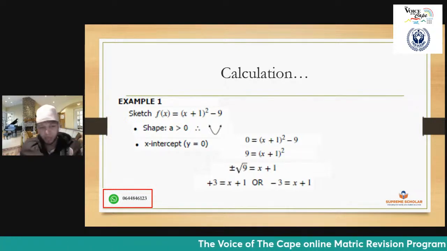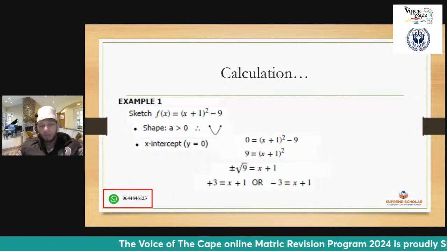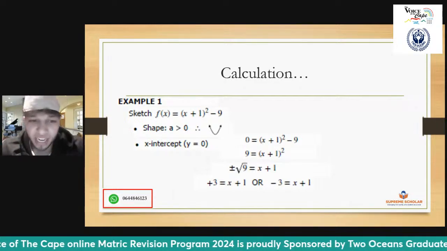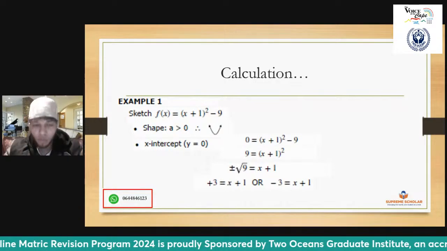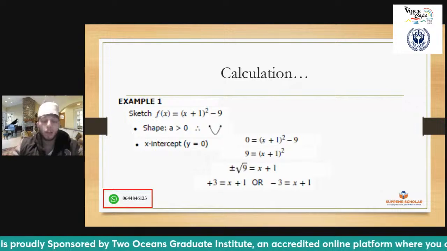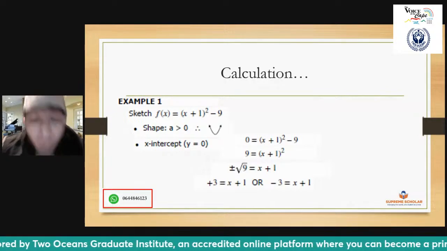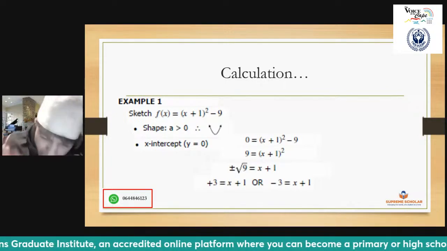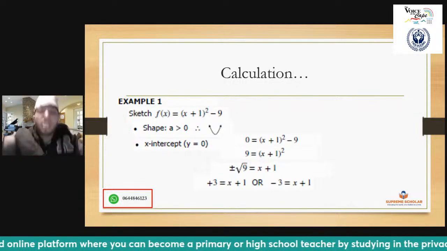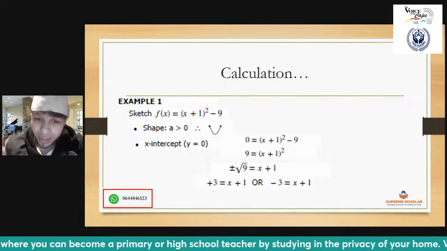The range will be equal to that -9, and it will be greater than -9 as well. Why greater than -9? Because -9 is your minimum value, and the graph is going towards positive infinity.